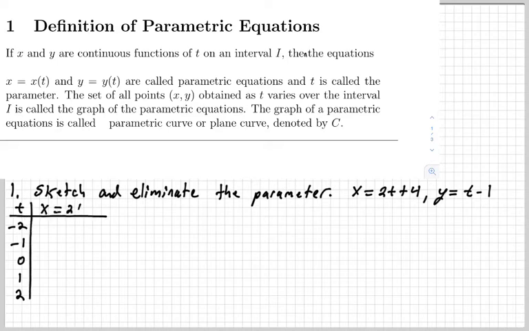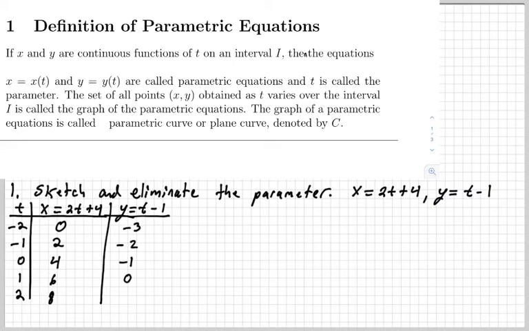Then we have x equal to 2t plus 4, and we'll just plug in those t values. So t is negative 2, so we get 0 for the x value. Plugging those in, we get 0, 2, 4, 6, and 8. Then we plug in for the y's. So y is t minus 1, so we'll get negative 3, negative 2, negative 1, 0, and 1.